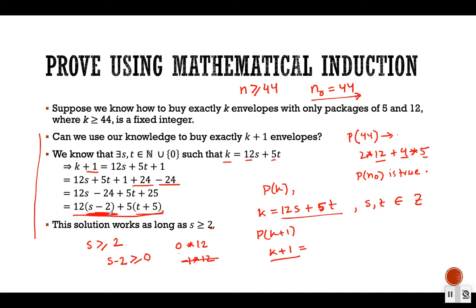So the coefficient of 12 has to be greater than or equal to 0, which means the value of s here has to be greater than or equal to 2. And then we can prove that we can buy any number of envelopes using this combination.